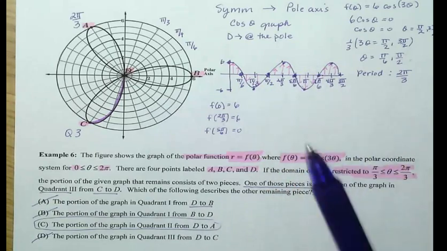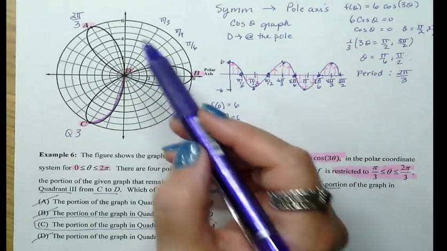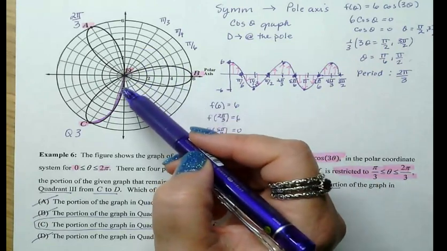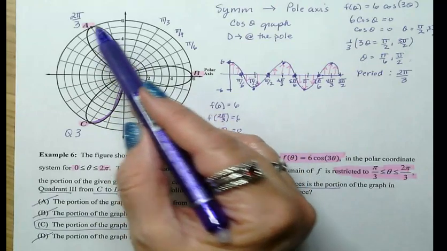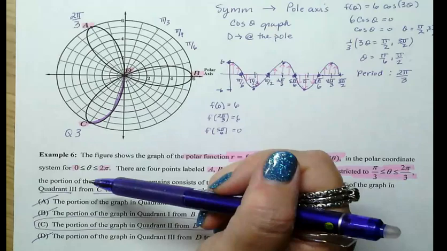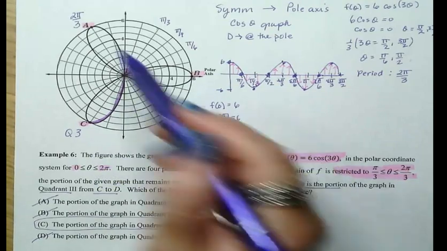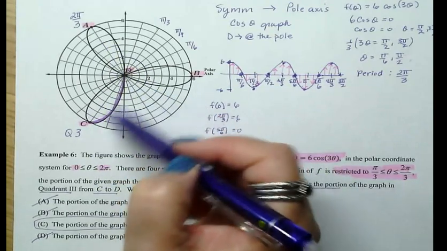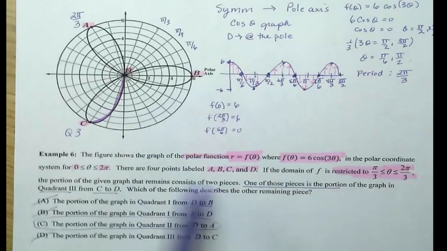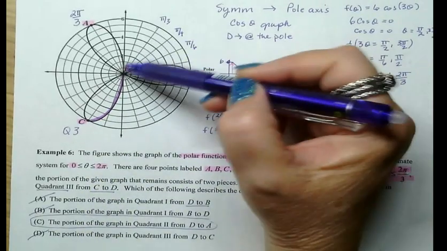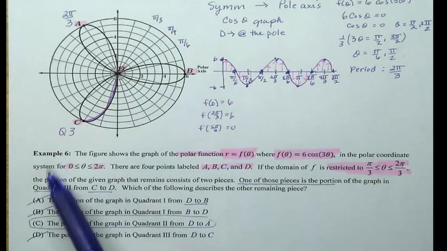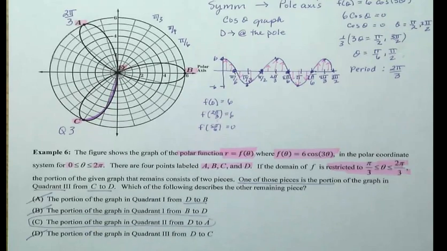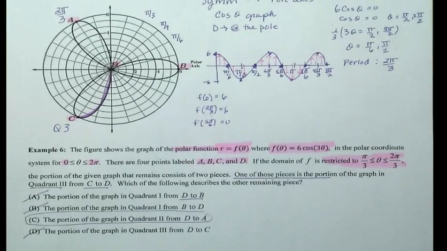I used all of those and worked my way around the graph. Then I realized that when I was calculating 2 pi over 3, it's going to give me that 6. So that pattern of this part right here in quadrant 3 ends up being this piece of the graph right here in quadrant 2. So process of elimination to get rid of A, B, and D, settling on C is my final choice.